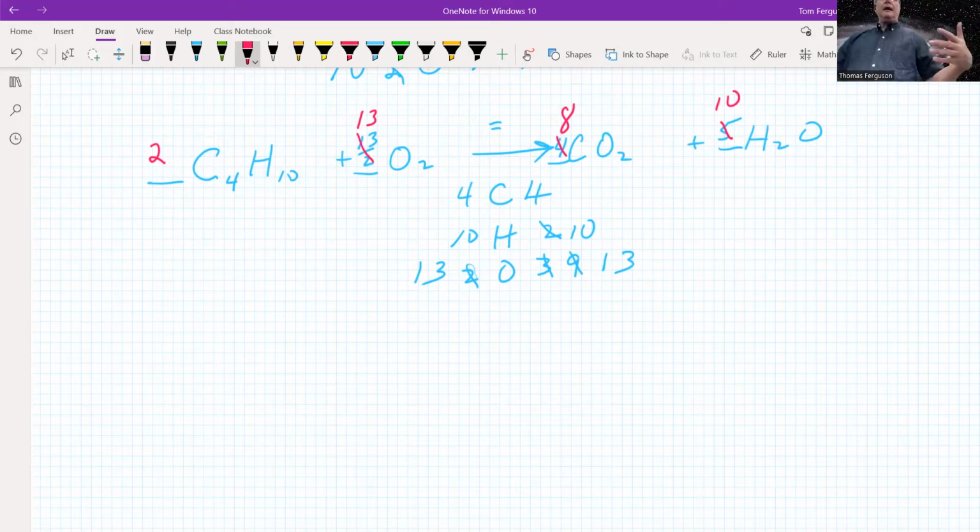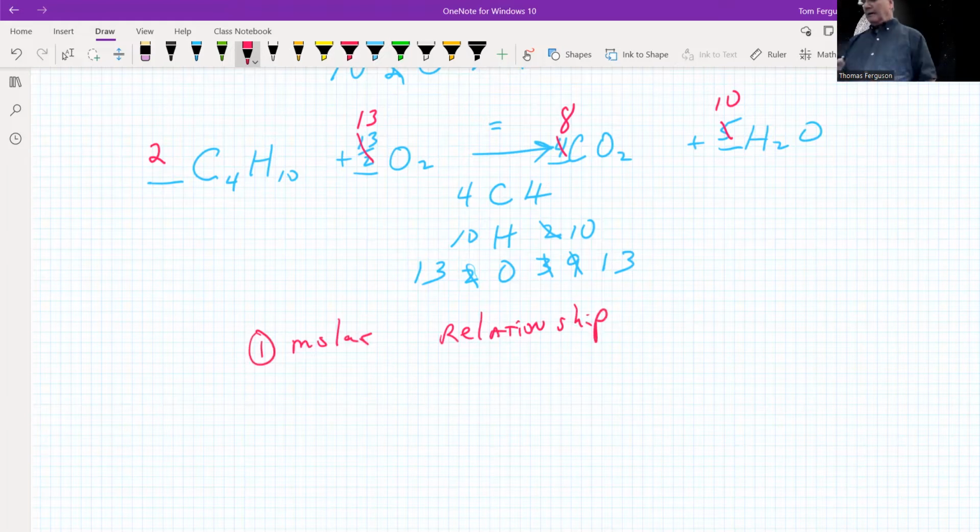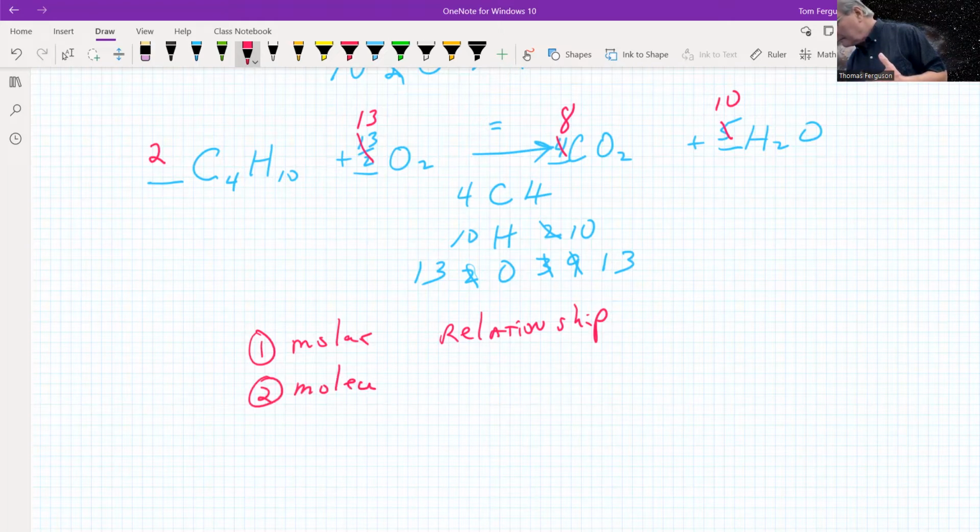Okay, so a couple statements about balancing equations. Number 1. A balanced equation is a molar relationship. And here we go again with the moles. It's a molar relationship, and it's a molecular relationship.